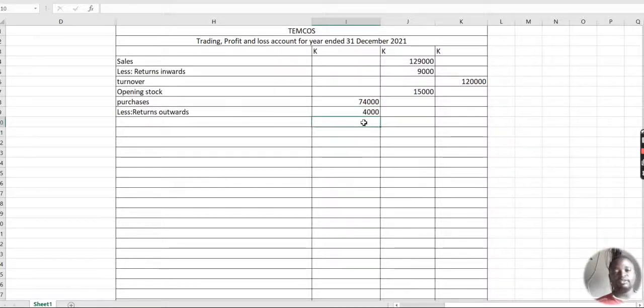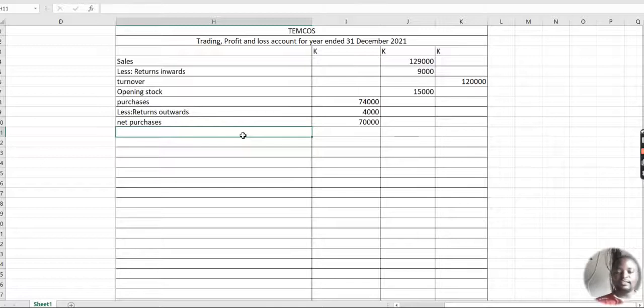We are going to subtract this from that so that we get our answer. 74,000 minus 4,000 is giving us 70,000. That is our net purchases.